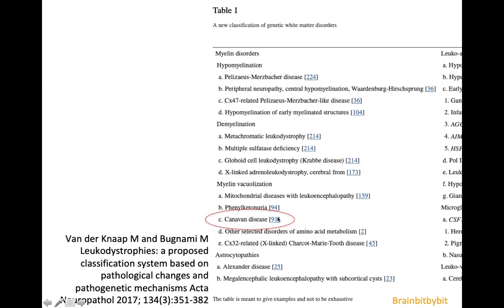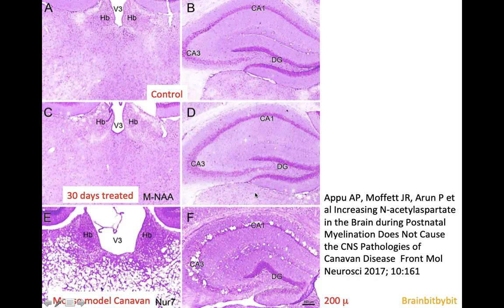And if you look at the most recent classification of leukodystrophies, Canavan is classified as myelin vacuolization. The myelin vacuolization, interestingly, is not caused by the high NAA, which is shown in this experiment in mice from 2017.